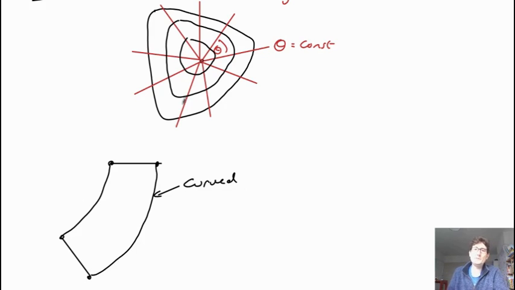This is needed because if we had just straight edges, so if we try to make this just a straight line here, what would end up happening is that the shape of these cells are not aligned to the shape that we wanted, and this will lead to a loss of accuracy. So you'll need lots of cells to represent a curved shape, whereas if the cells themselves can be curved, then this leads to a more accurate solution, and you need fewer cells to represent the same accuracy of solution.